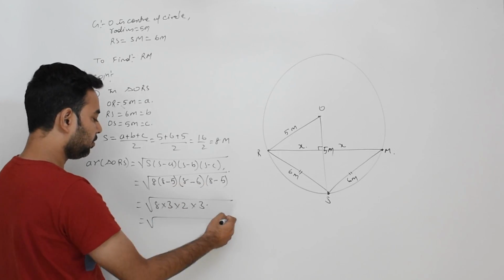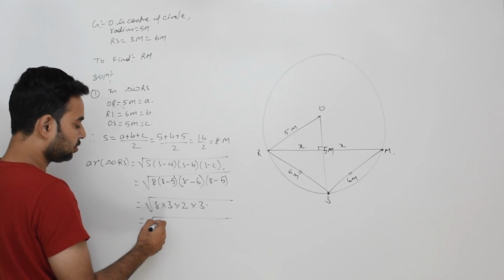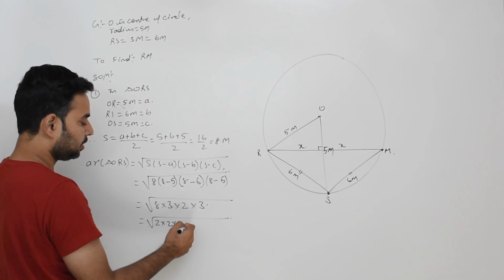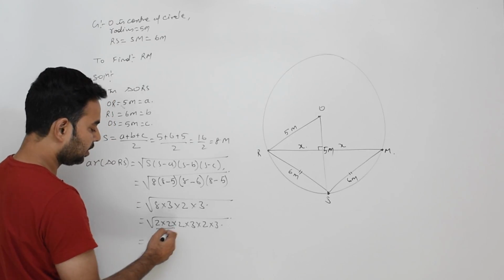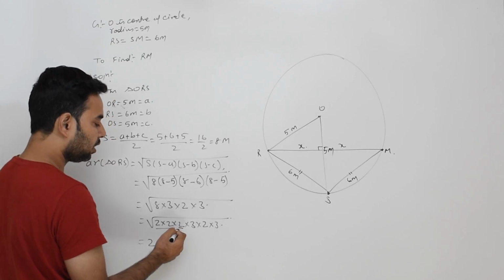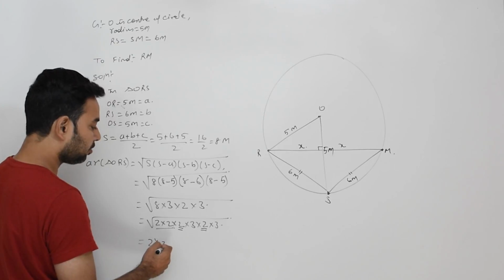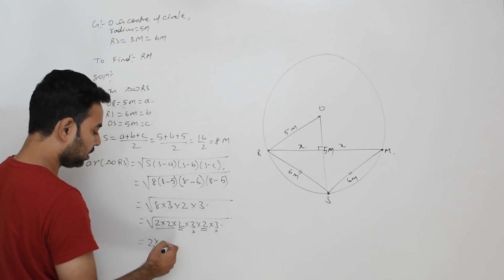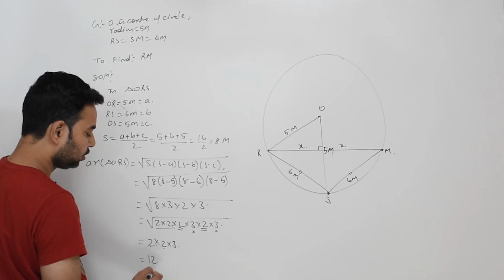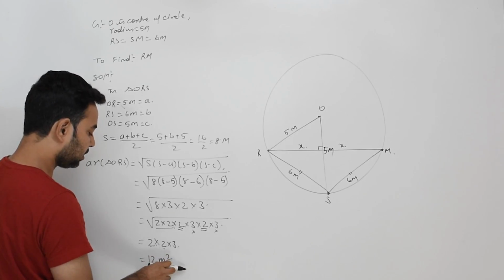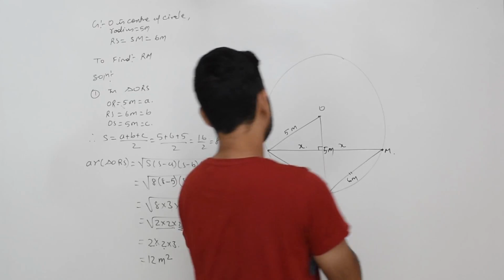So we will factorize this: 8 means 2 into 2 into 2, into 3 into 2 into 3. अब ये 2 बार आया है 2, एक बार लिखेंगे रूट के बाहर, ये भी 2 बार 2 आया है, एक बार बाहर, 2 बार 3 है, एक बार बाहर. So 2 2s are 4, 4 3s are 12. 12 meters square is the area of triangle ORS.